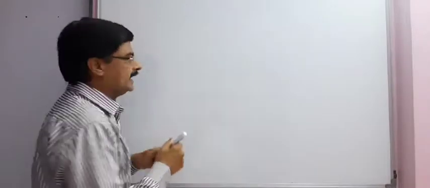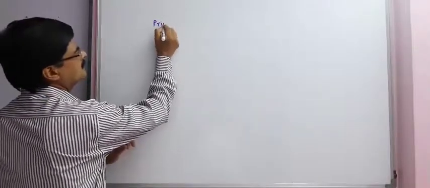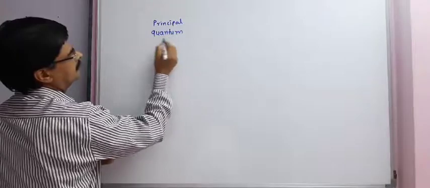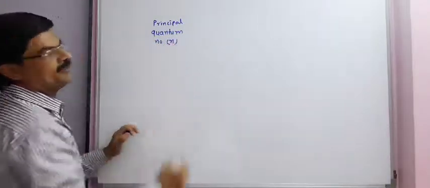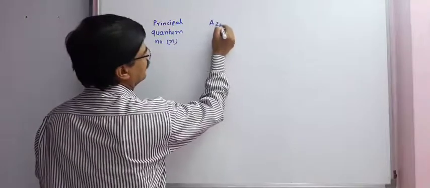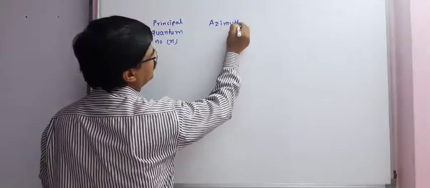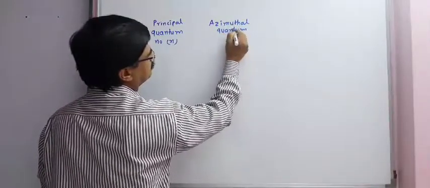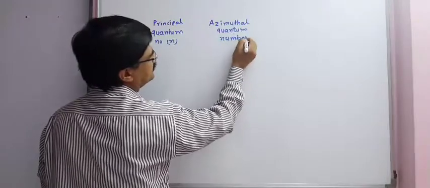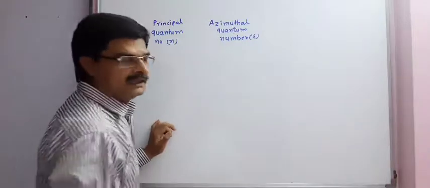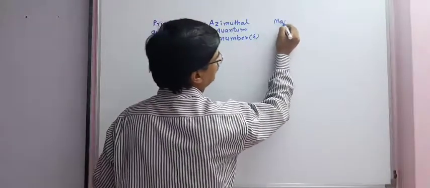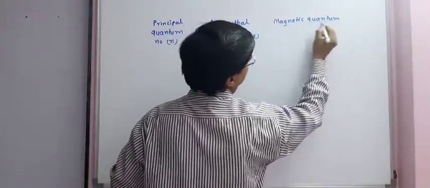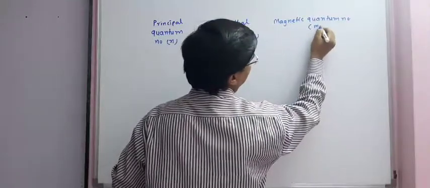The principal quantum number is n. The second quantum number is the azimuthal quantum number, which is denoted by L, and the third quantum number is the magnetic quantum number, which is denoted as ml.